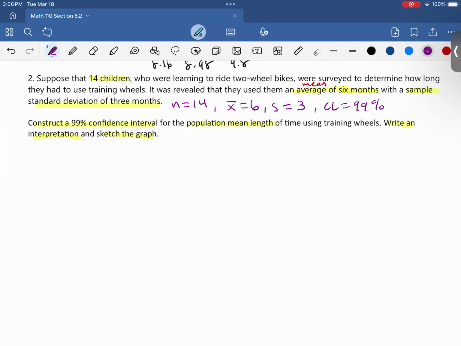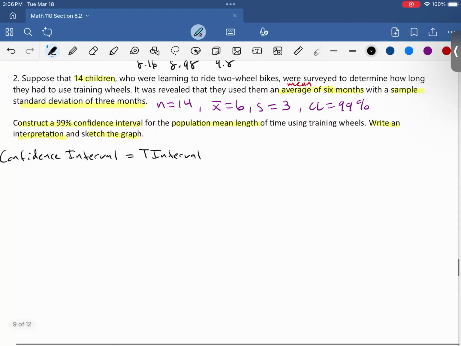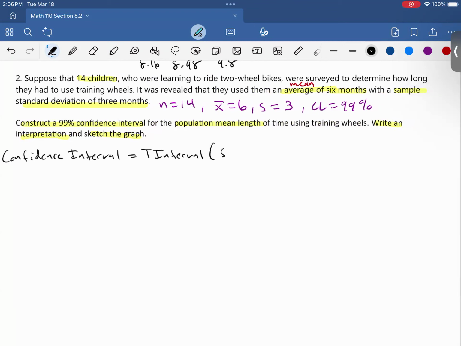Okay, so we want to construct a confidence interval. Same setup here: confidence interval, and that is going to be t interval. We have to use the stats option, and then it'll be mean, sample standard deviation, sample size, and confidence level.